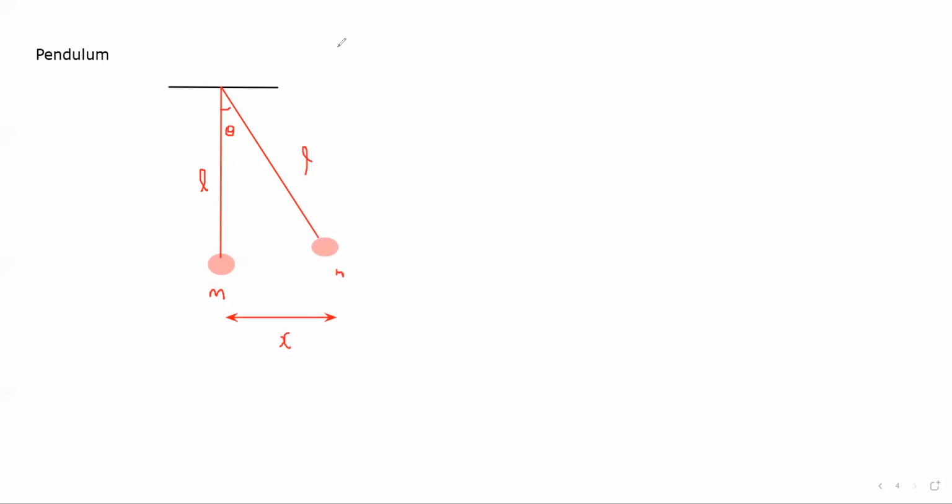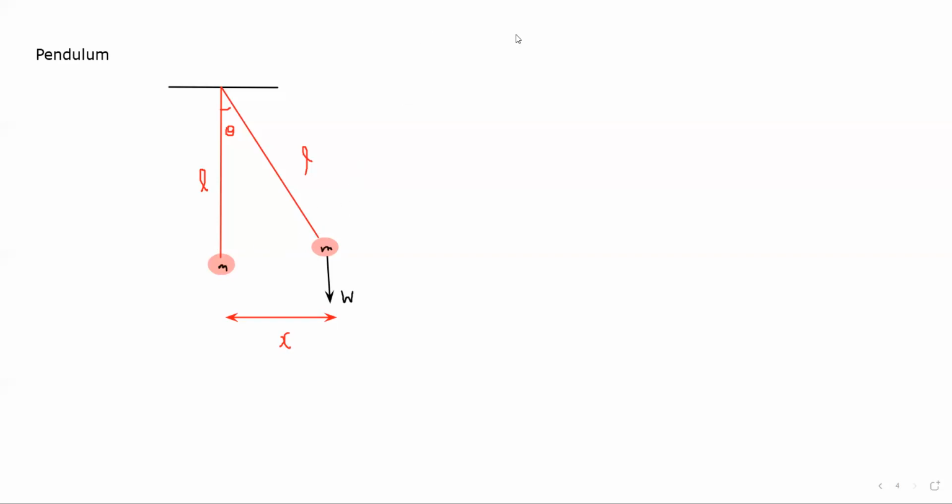So how can we work this out? The weight of this pendulum is acting down. So the component which is responsible for its motion, the vibratory motion as it moves to and fro.